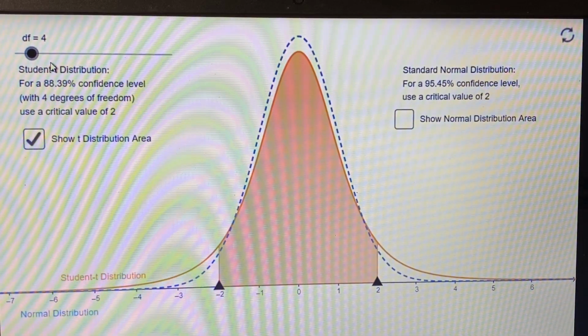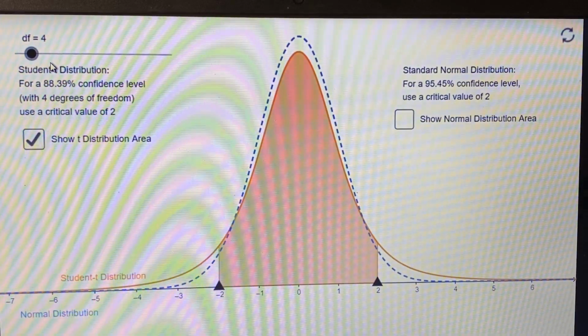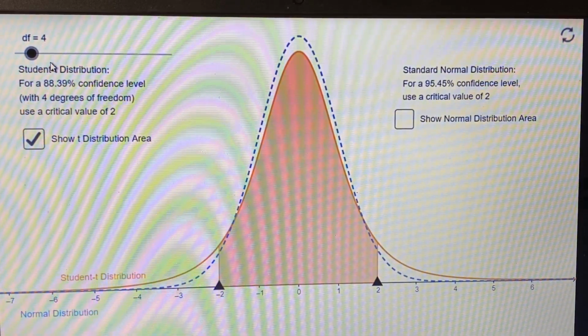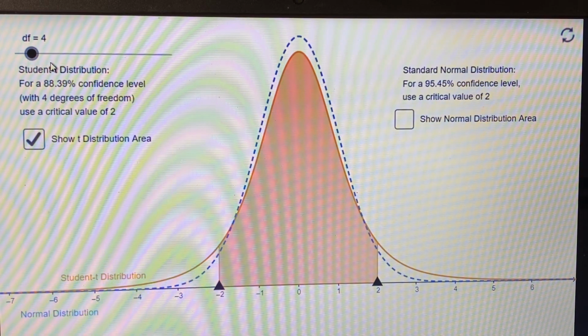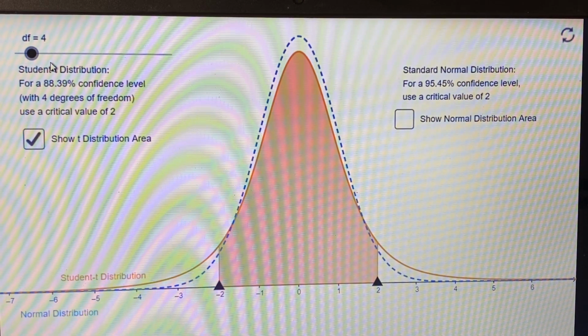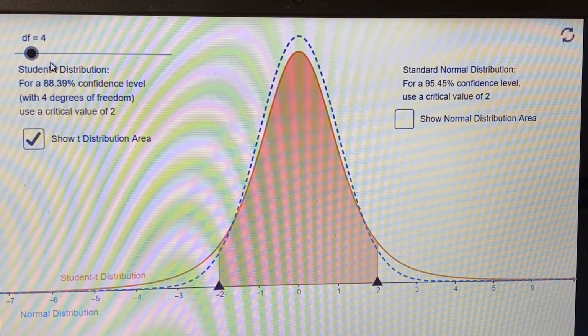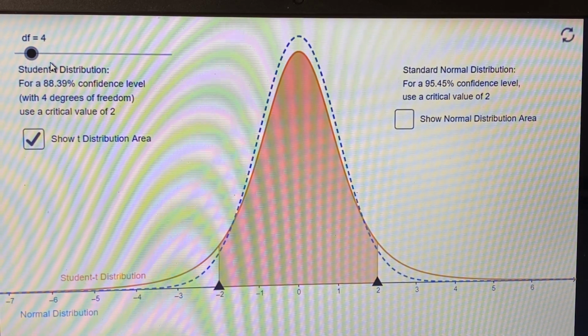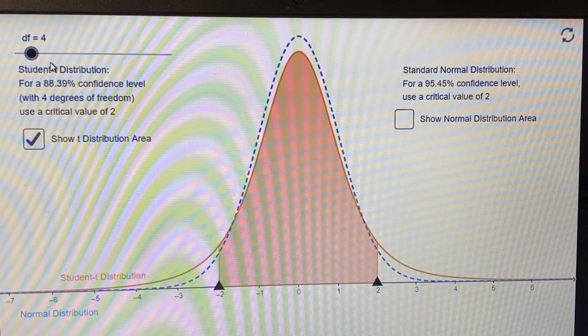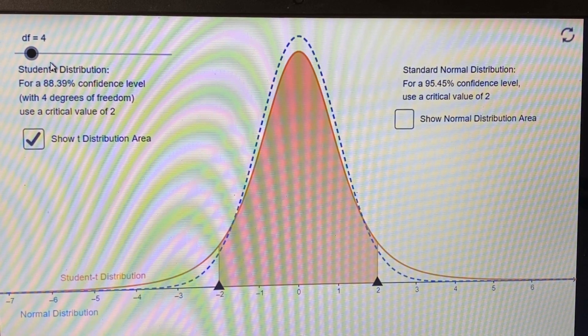Degrees of freedom. If you recall, degrees of freedom were one less than the sample size. So if my sample size was 5, my degrees of freedom would be 4. If my sample size is 10, my degrees of freedom would be 9. If my sample size is 102, like the used Hondas, my degrees of freedom would be 101.